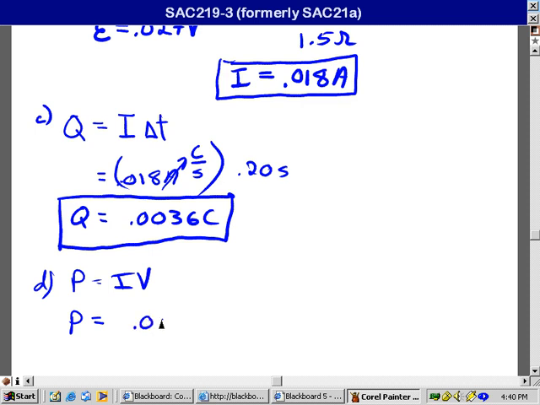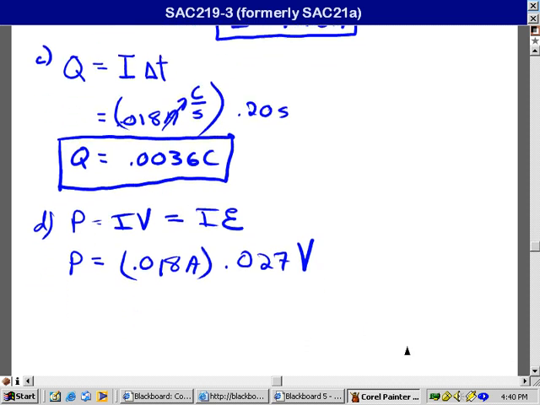And the current we just found, I, same thing as I times script E. And then 0.018 amperes is what we had for the current, and the voltage 0.027 volts, for a power of 0.000496 watts.